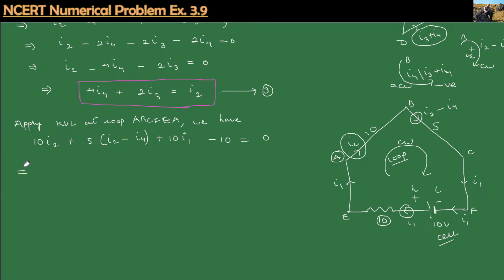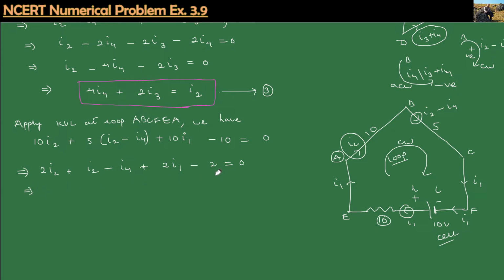Now we will just solve. Over here we have terms containing 10, so we will divide both sides by 5. If you divide both sides by 5, you will get this equation: 2I2 plus I2 minus I4 plus 2I1, and over here minus 2, equal to 0.